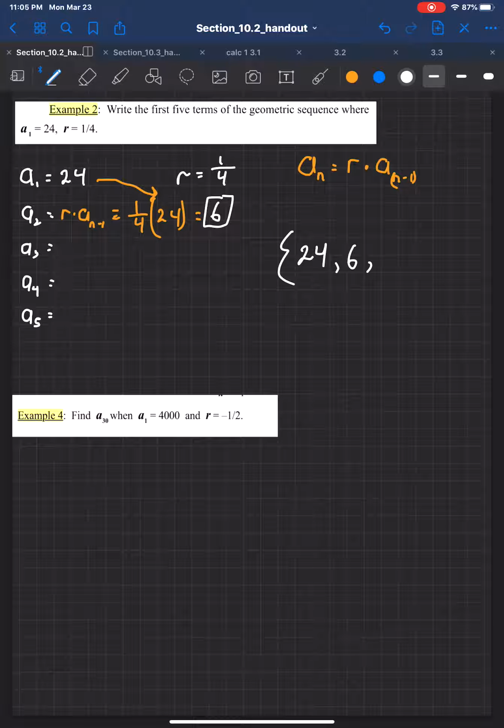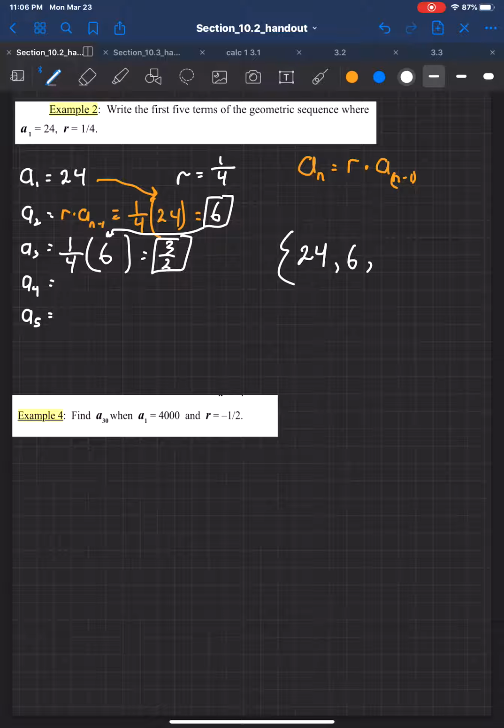All right, and now to get the next term, again, just take the same 1/4 and now multiply it by what? The preceding term. So 3/2. Now I'm just going to go ahead and answer the next two for you. So if you continue in this fashion, you should get 3/8, and you should get 3/32.